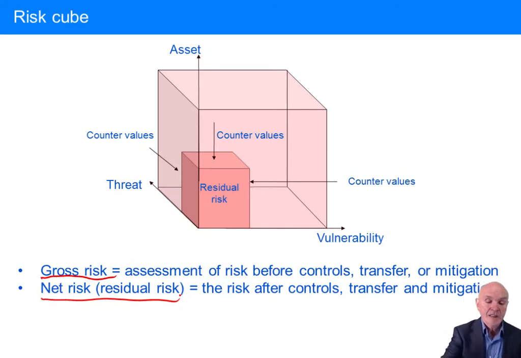So what we're doing here is reducing the asset that is at risk. So instead of holding 5 million in the warehouse, hold 2 million in the warehouse. Or maybe what you do is you split the 5 million between two warehouses and have 2.5 in each, so that in each risk centre, if you like, there is only half the asset which is at risk.